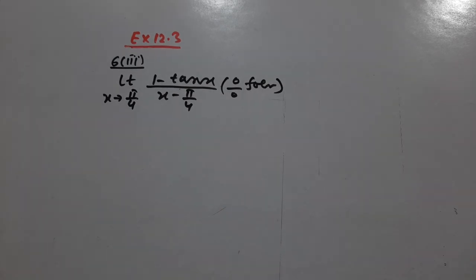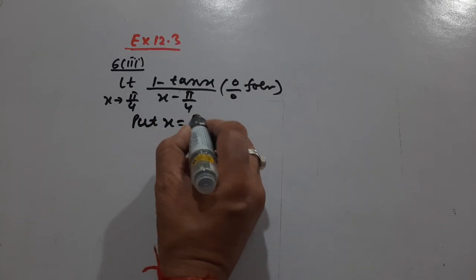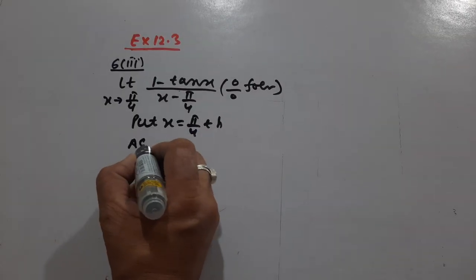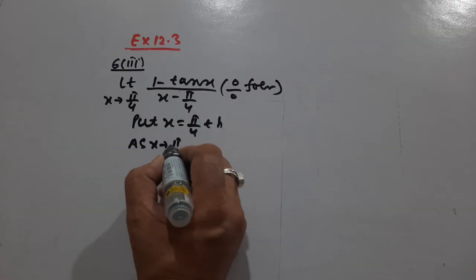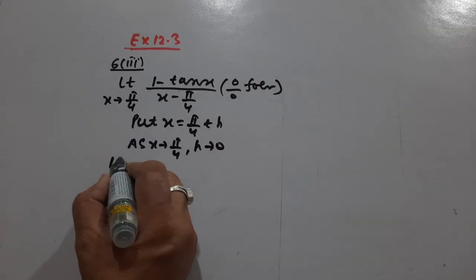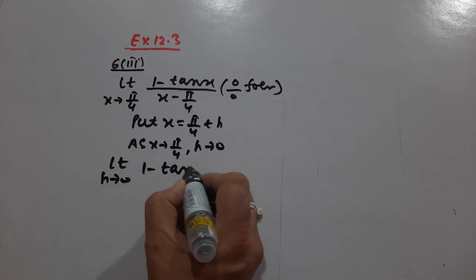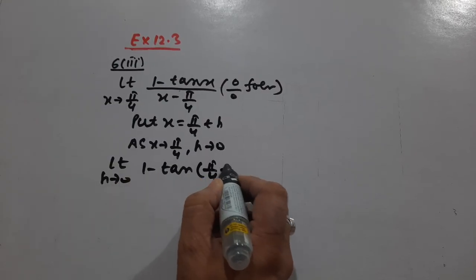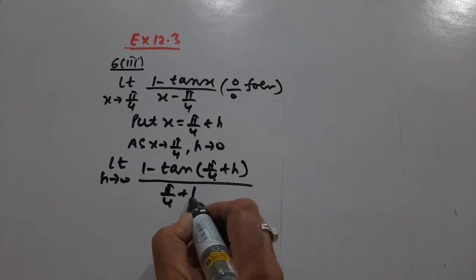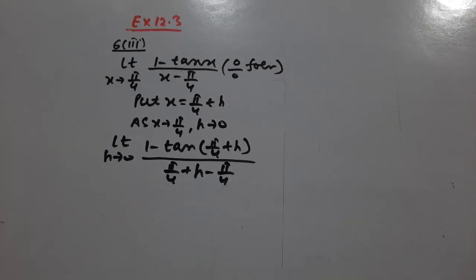So again we put x equal to pi by 4 plus h, right? As x tends to pi by 4, h tends to 0. So our question becomes limit h tends to 0 of 1 minus tangent of pi by 4 plus h upon pi by 4 plus h minus pi by 4.